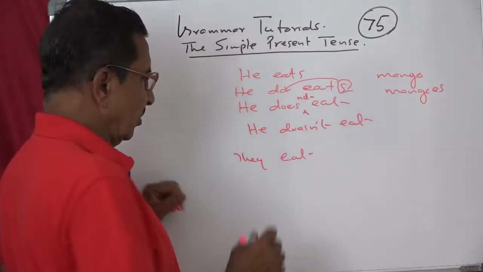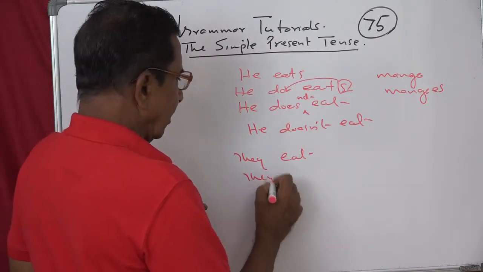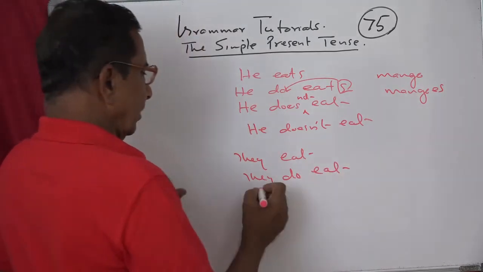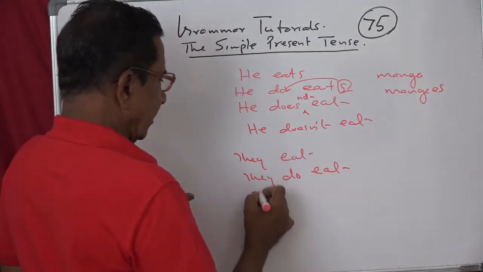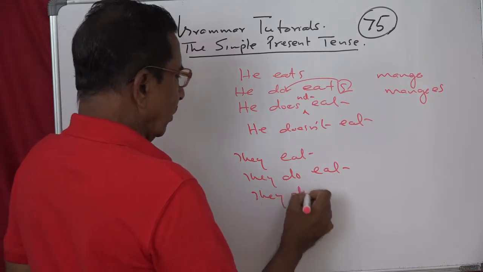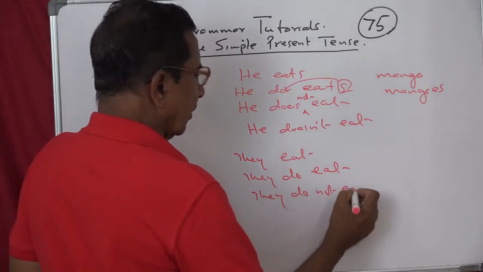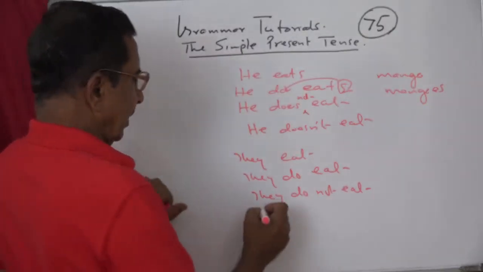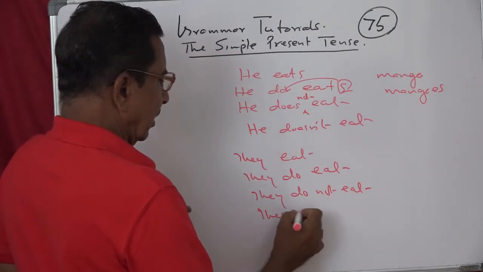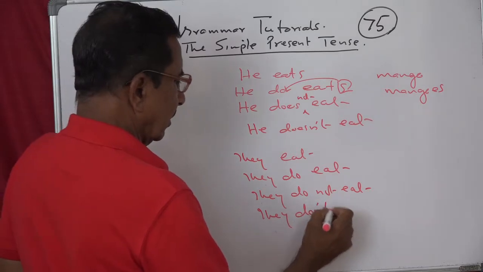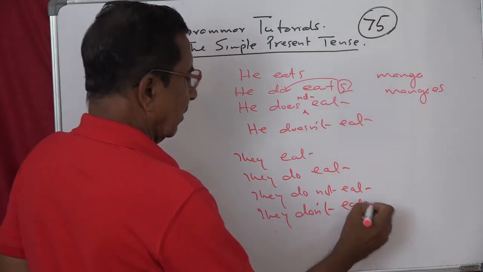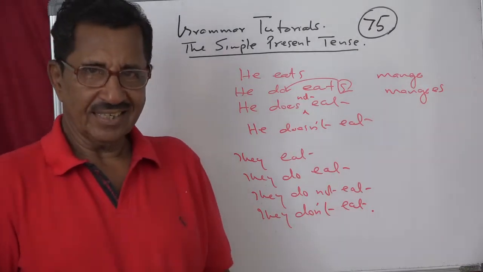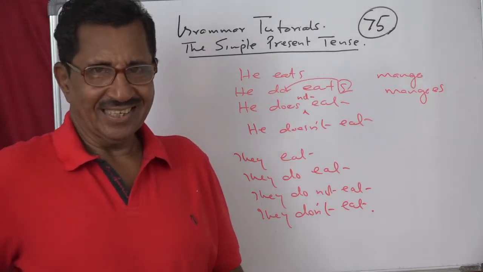Insert do. That will be they do eat. Then insert not. They do not eat. The contracted form is they don't eat. So that is negative. Understand? Very simple.